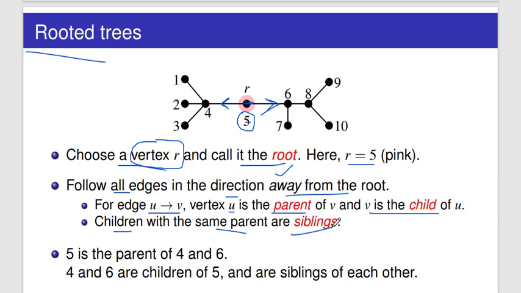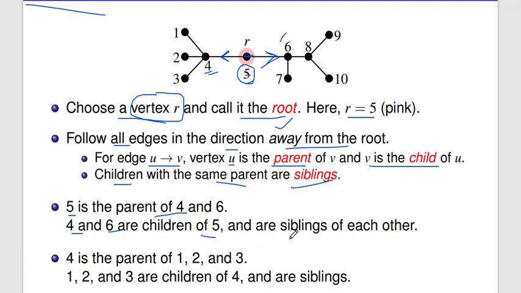Here 6 and 4 have the same parent, so we can say that 4 and 6 are siblings. 4 and 6 are children of 5, so 5 is the parent of 4 and 6. 4 and 6 are children of 5 and are siblings.